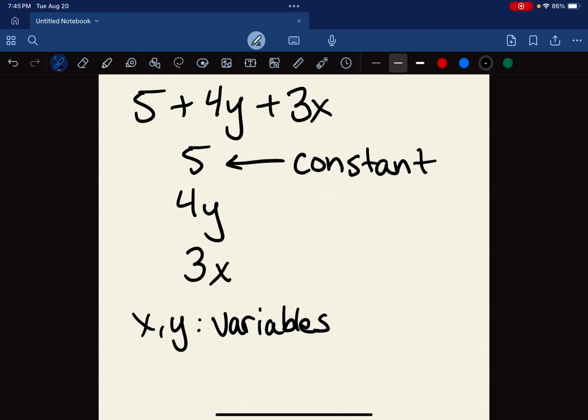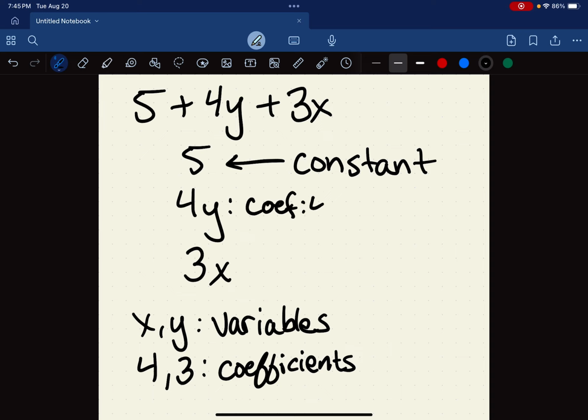And the part of the term that is not the variable is called the coefficient. So in this case, 4 and 3 are the coefficients. For 4y, the coefficient is 4, and the variable is y.